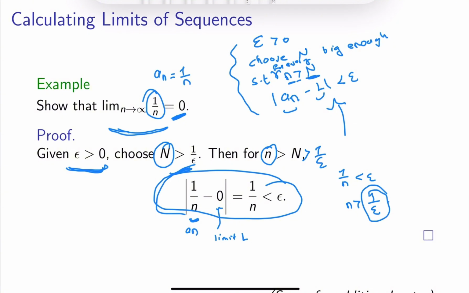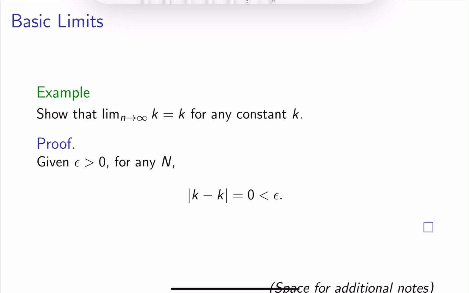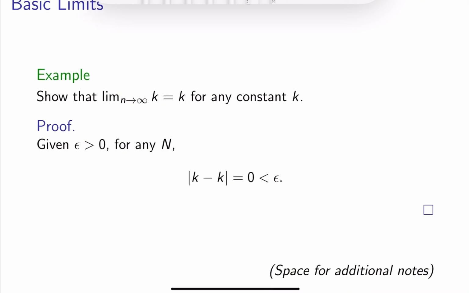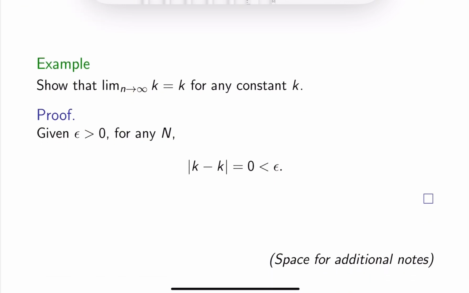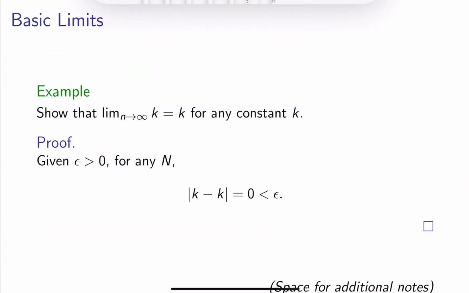So this is the use of the definition. And another thing that we need, so these are just basic examples, we're not going to be needing much, so I think, yeah, this is the last thing we need. Let me just do this real quick. The proof that if you take a sequence that is a constant, for example, the sequence to be 2 always, which means that you're taking the sequence 2, 2, 2, 2, and so on forever, just taking the number 2 forever.